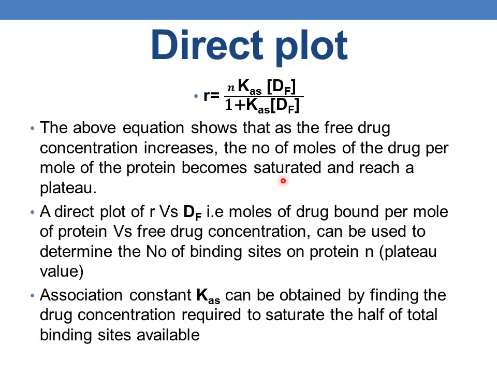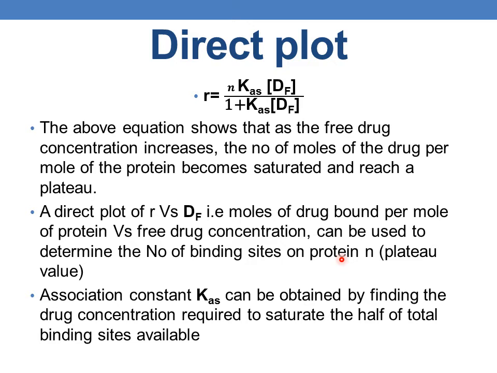That is, as the free drug concentration increases, the binding sites get saturated and they reach a plateau. And a direct plot of the number of moles of drug per mole of protein, R, versus free drug concentration can be used to determine the number of binding sites on the protein.